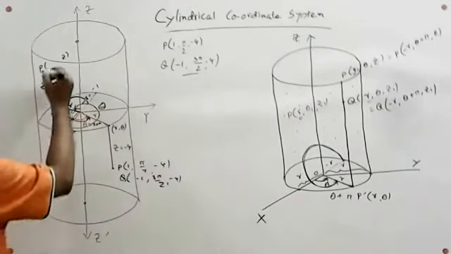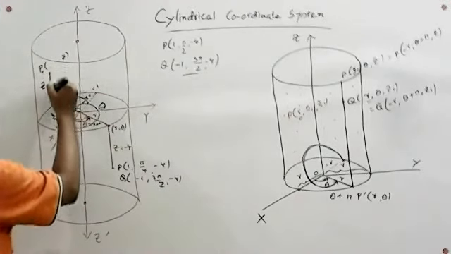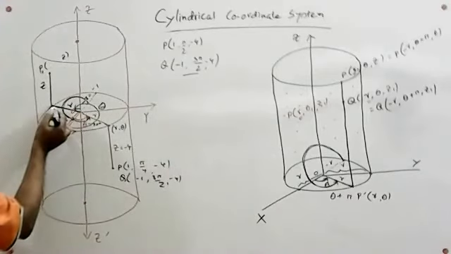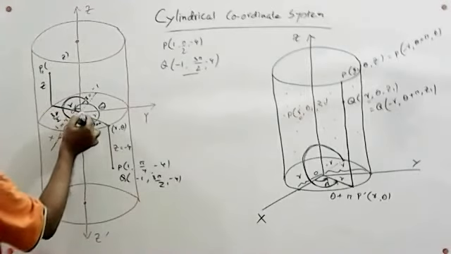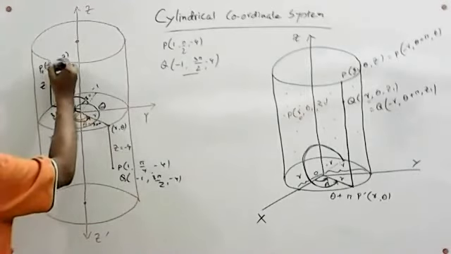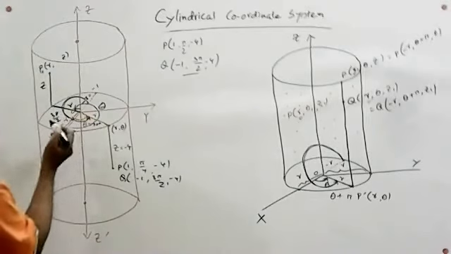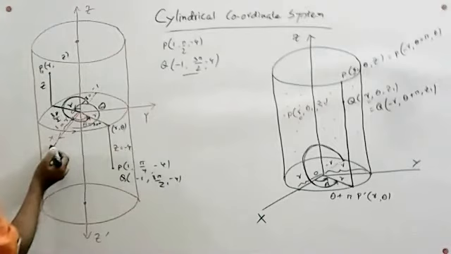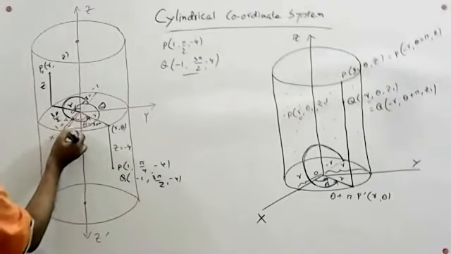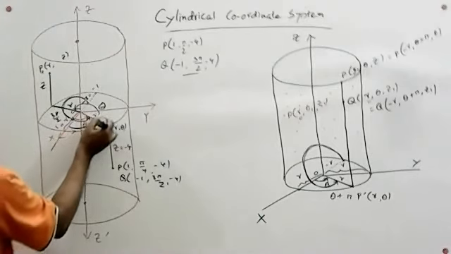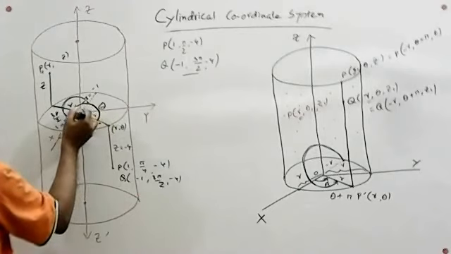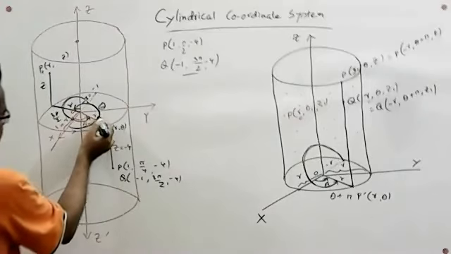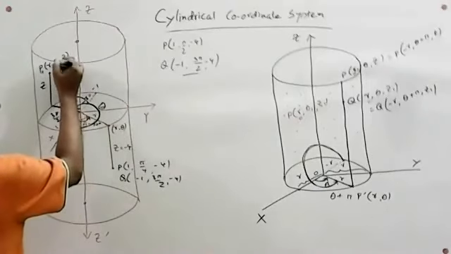For this, we will have to draw a perpendicular from P1 to the x-y plane, which is Z. Then you will have to join this point to the pole. This is polar distance R. Finally, you will have to find an angle of this polar distance from the positive x-axis. Then you have to move from the positive x-axis anticlockwise up to the polar distance. Then we can make the angle theta.